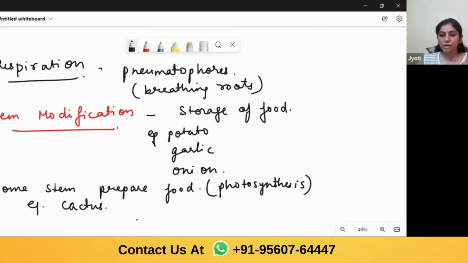So we have done root modification also, and we have completed with the stem modification also.